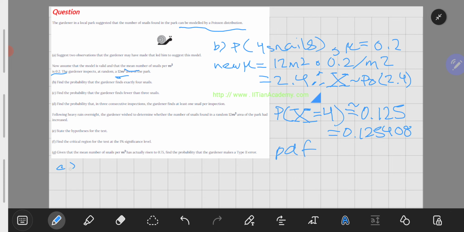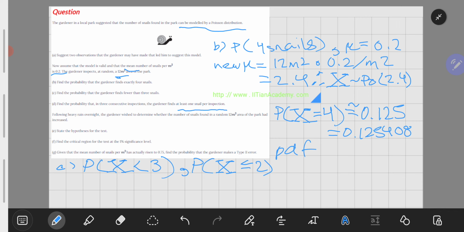Anyhow, for question C, sorry, skip that. Question C is find the probability that the gardener finds fewer than 3 snails. So that means we can find the probability in our distribution function for x less than 3, or less than or equal to 2.